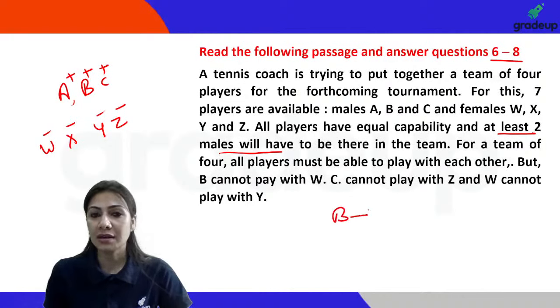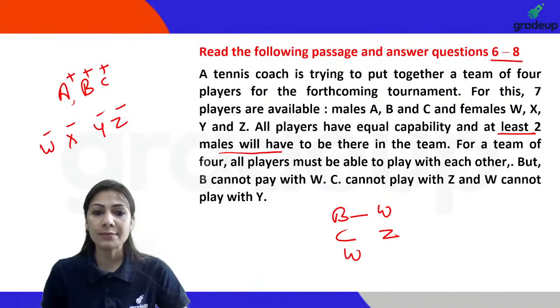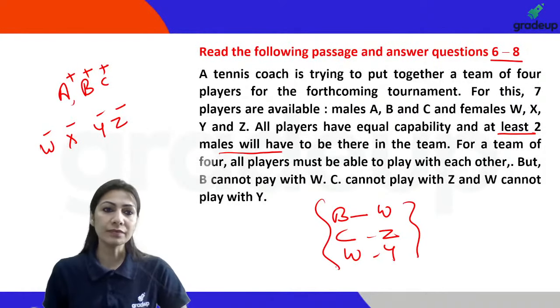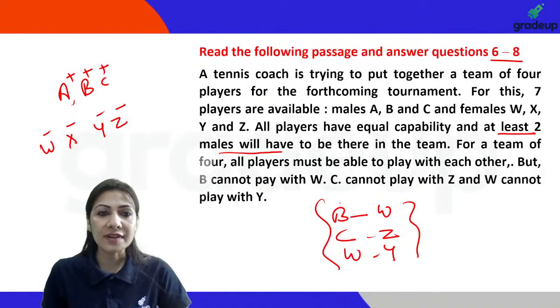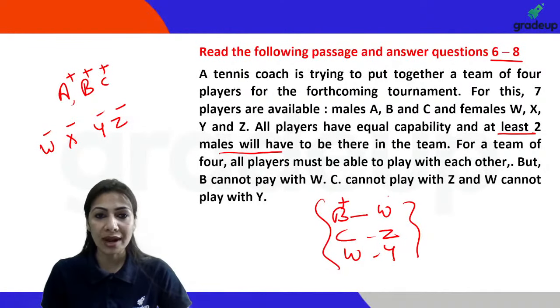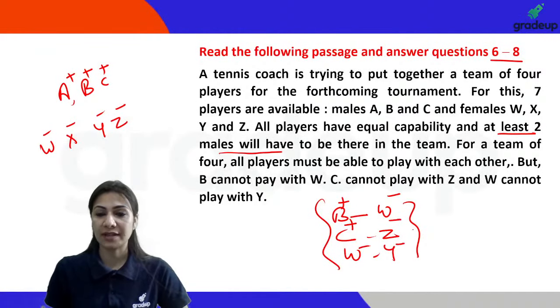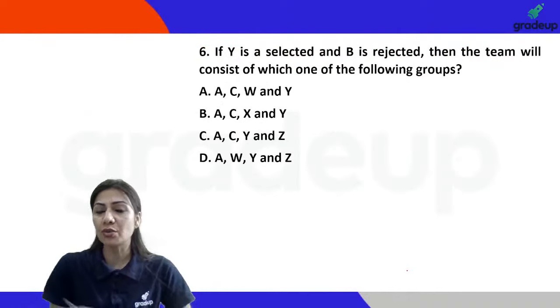B cannot play with W, we cannot keep B and W together. C cannot play with Z, we cannot keep C and Z together. W cannot play with Y. Note this, student, that you cannot fix B and W at the same moment. It is mentioned. You cannot fix C and Z at the same moment. C is a male person, and W and Y are female. So let's note it down, and then check out the condition.